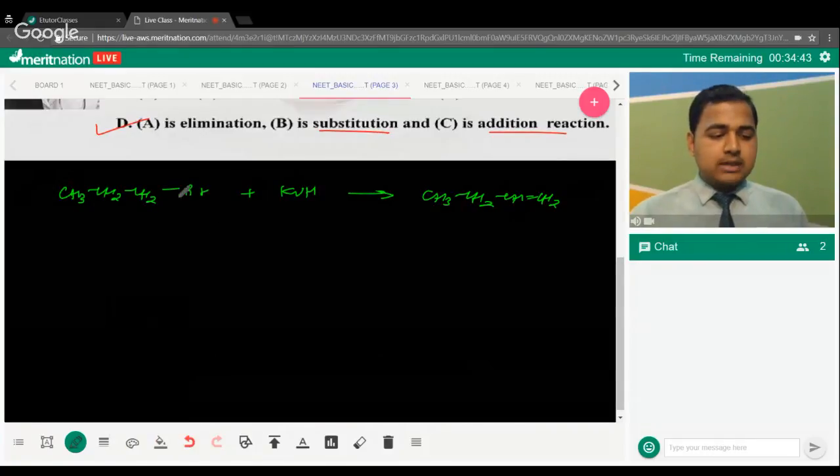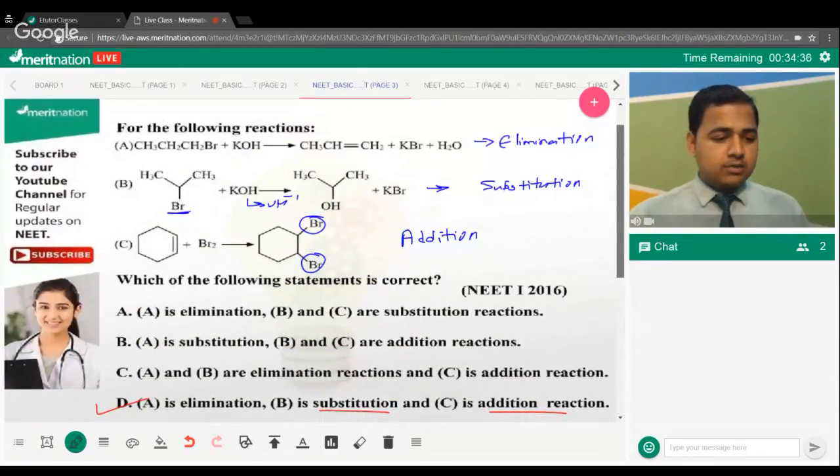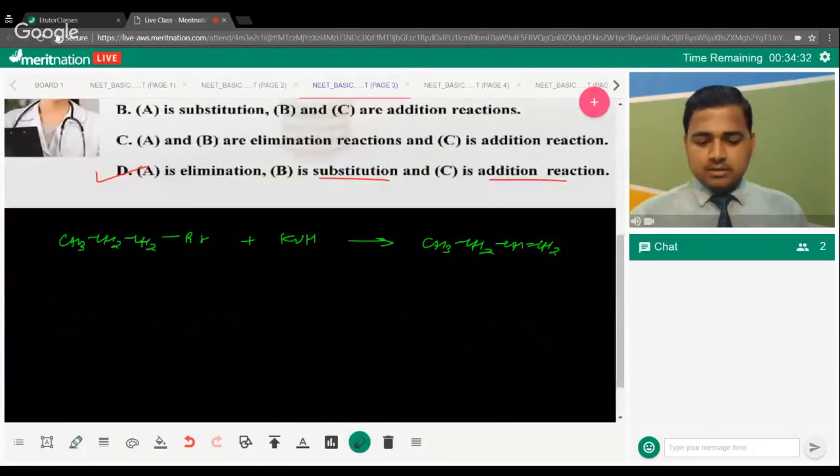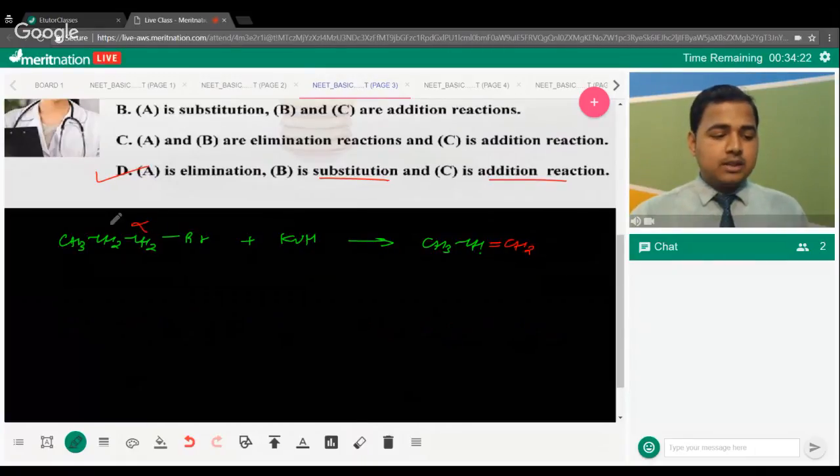There are only 3 carbon atoms, so it will be CH3 CH double bond CH2. What happened is, students, this is the alpha carbon and this is the beta carbon. If you open it a little, it is CH3, CH, with H, then CH2 and Br.